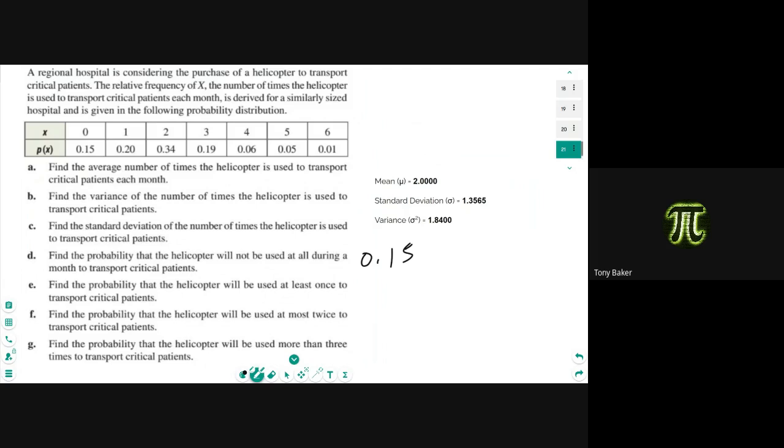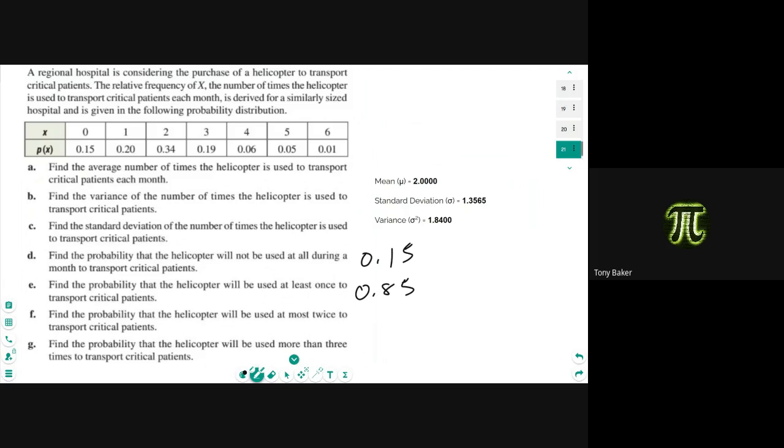It says at least once, so that means we're looking at once and all the values after that point, which is the complement of what we just found. So instead of adding all those up, we can just subtract the 0.15 from 1. So 0.85, because that's the exact complement of never being used.